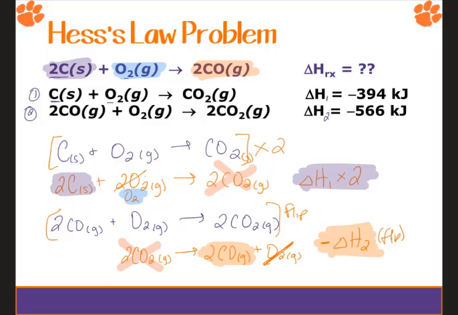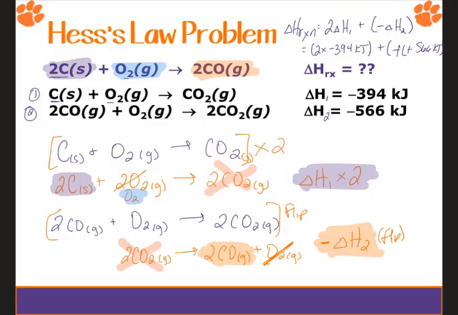So to calculate your delta H of your reaction, you take your delta H1, and I multiplied that by 2. And I'm going to add to that negative, so the opposite sign of delta H2. So that ends up being 2 times negative 394 kilojoules plus negative 566 kilojoules.